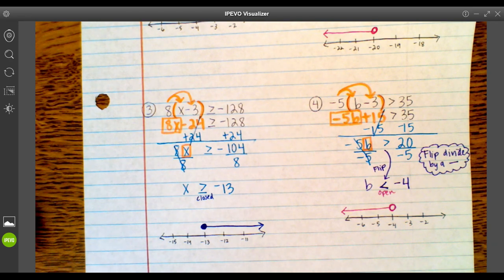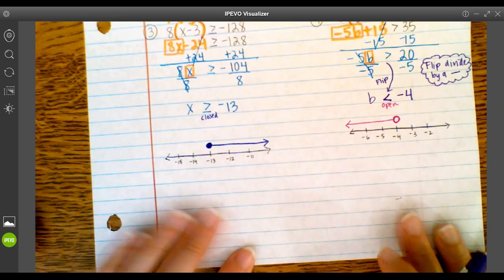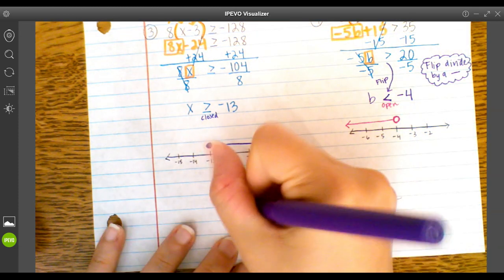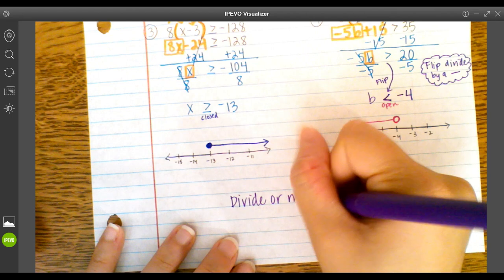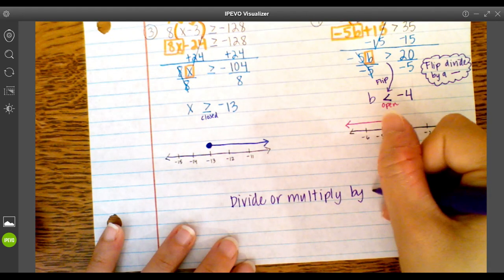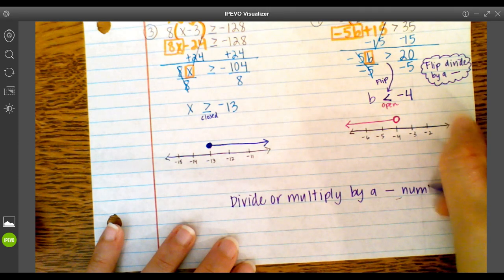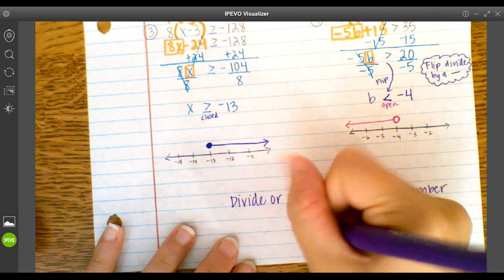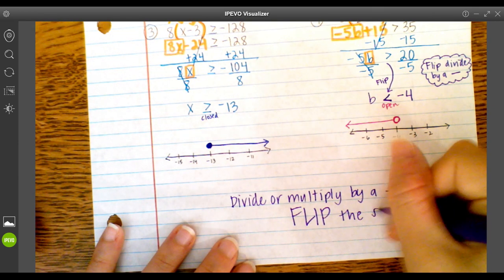So make a huge note, guys, that under two-step inequalities or any inequalities altogether, if you divide or multiply by a negative number, you must flip the sign.